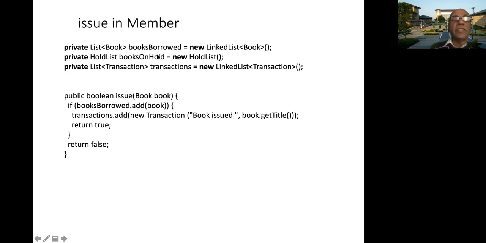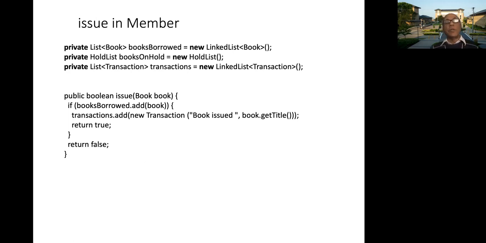You can read the chapter that is on D2L to see why the hold list is required, why it is different from the operations that are carried out on the list of books or on the list of transactions.